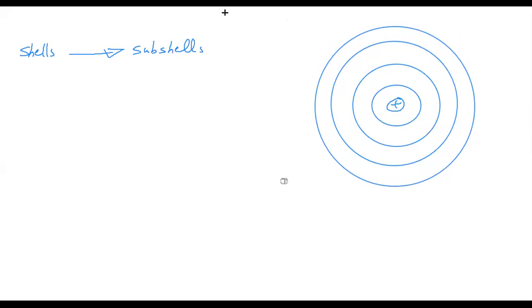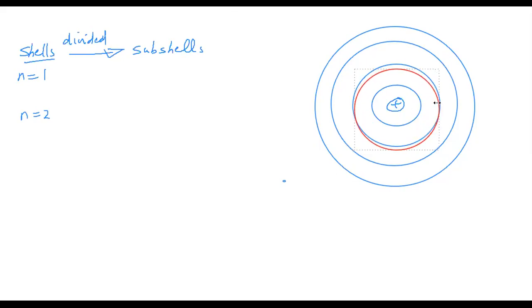But when shells are divided into subshells, how many subshells are divided from each shell? For shell number 1, it is not divided. It's only one subshell. But when n equals 2, the second shell, we will find that it is divided into 2 subshells.